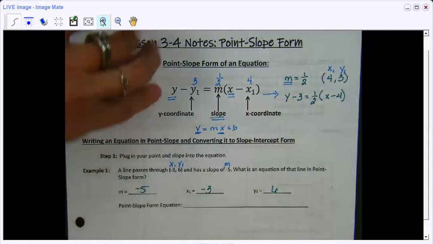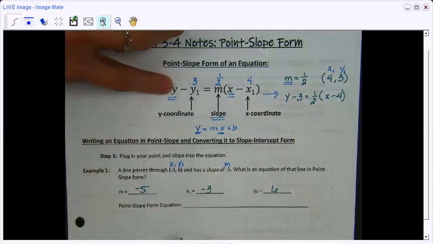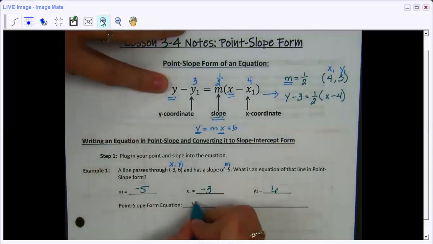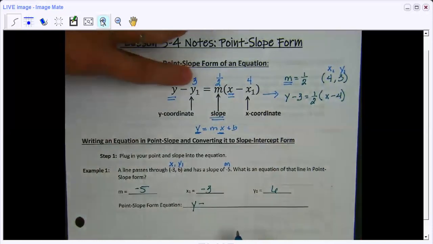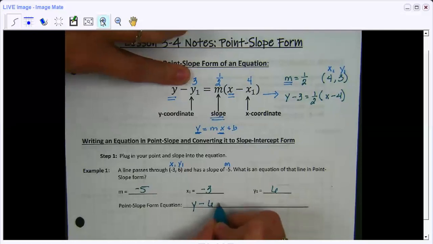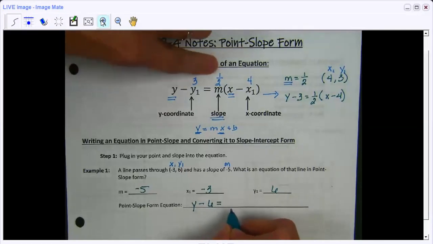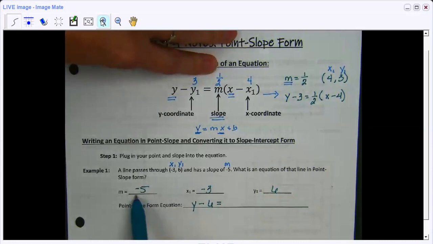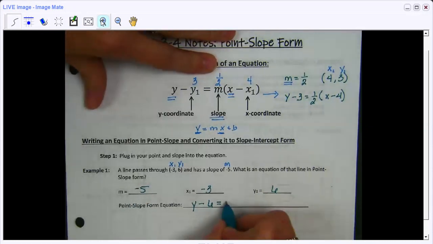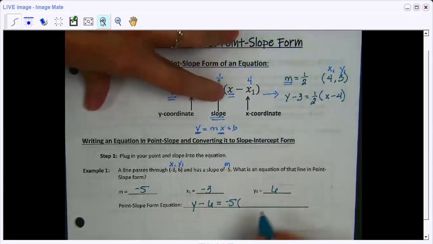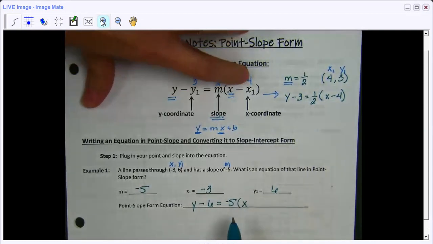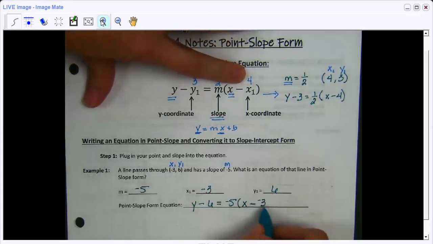So according to our point slope equation, we leave this y alone, and we subtract our y1, which is 6. We set that equal to our slope, and in this case, our slope is -5. Then we multiply that by our x, which we leave alone, minus, so put that subtraction symbol here, our x1, which is a -3.